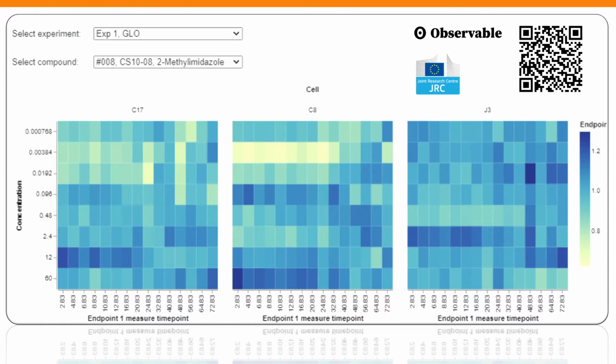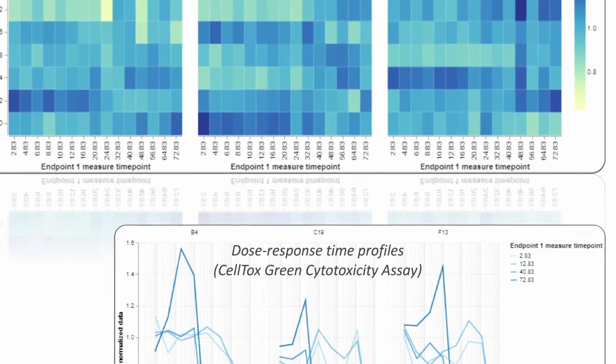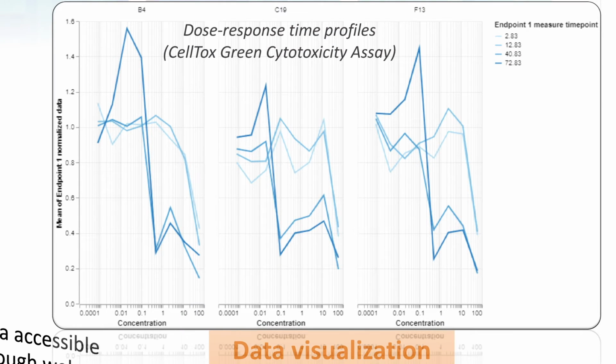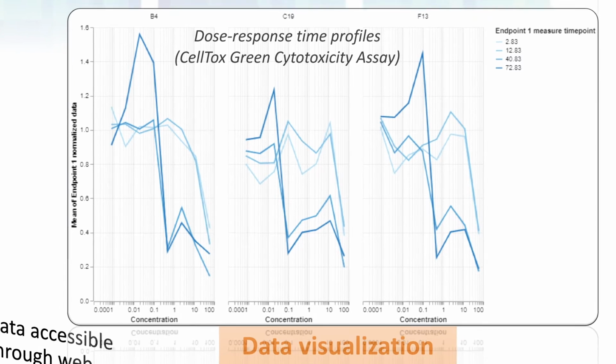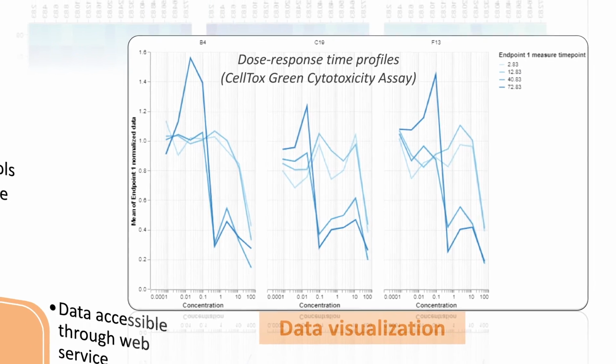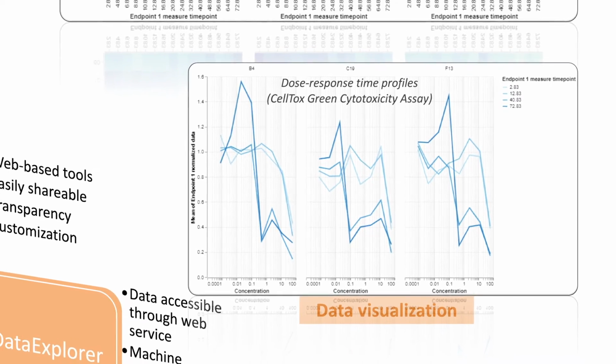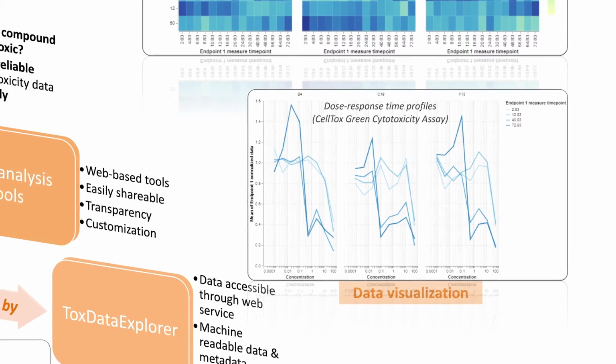So this notebook lets the user, for example, select a given compound or a particular assay from the group of assays, and the data on all the graphs that you see, so these are actually those response time profiles, are immediately updated based on the user selection. And it gives you a really nice user experience because you can focus only on the part of data that you are interested in, and you don't need to search through hundreds of graphs that were produced in this project.